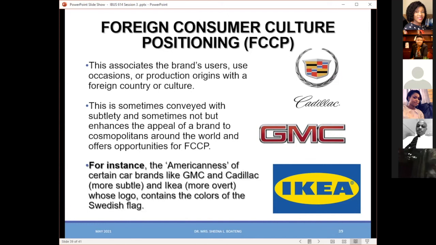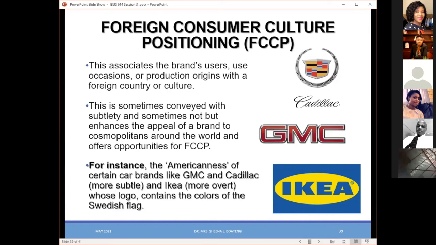Right? Then we have other brands that will go a step further to make it part of the foreign culture by even incorporating characteristics of the culture into the brand, like IKEA. IKEA incorporates the colors of their country of origin into their brand. And the brand itself embodies the culture of their country of origin.